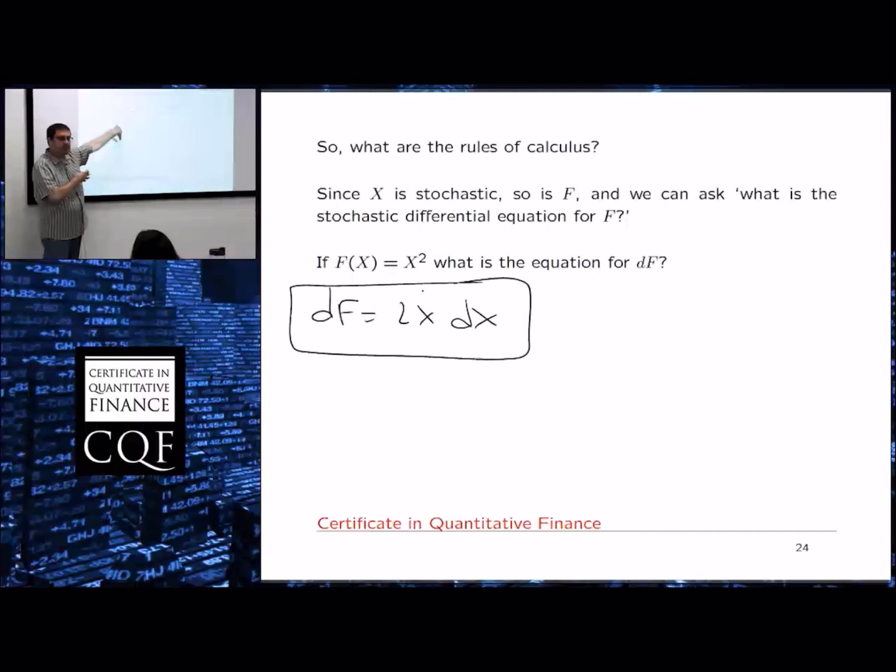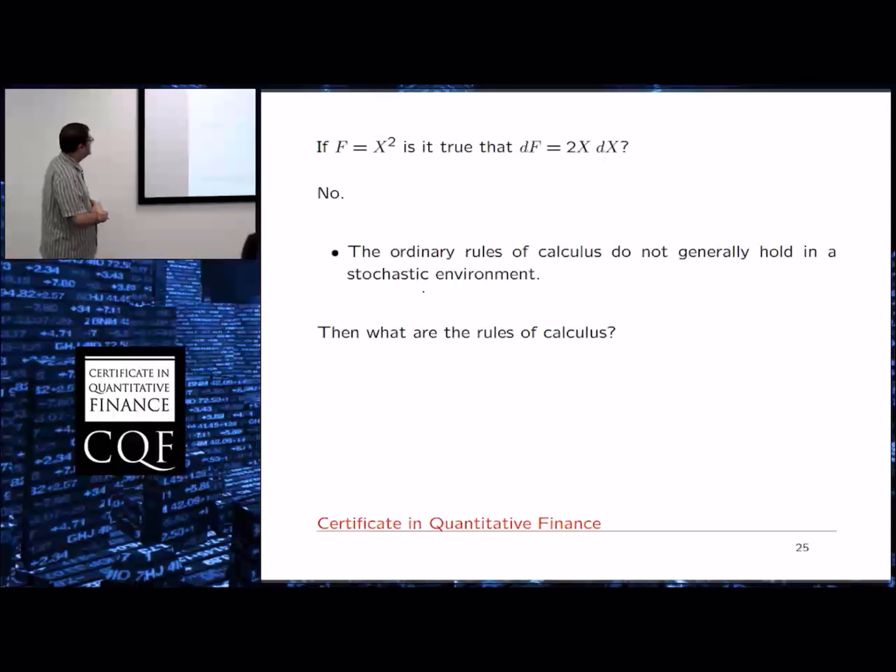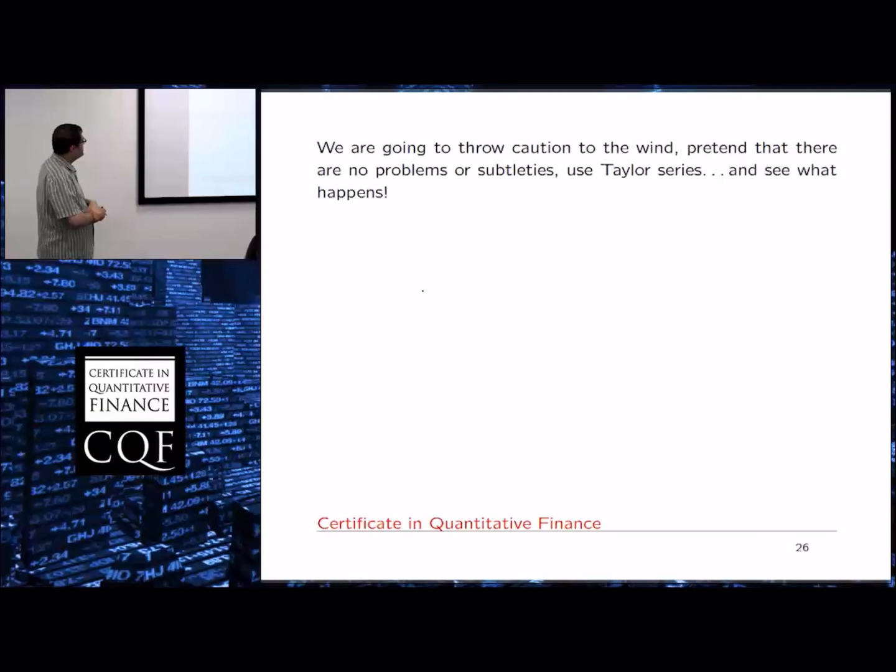That's everyday calculus. But we've already said we can't use this anymore. We have to use this. Okay, because what that then does is it brings a dt in there. So what are the rules of calculus? And this is what he's going to do.